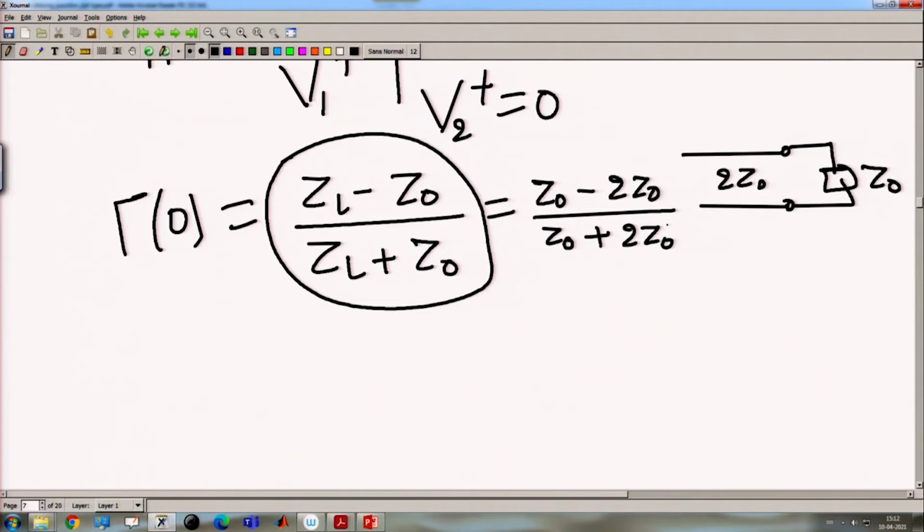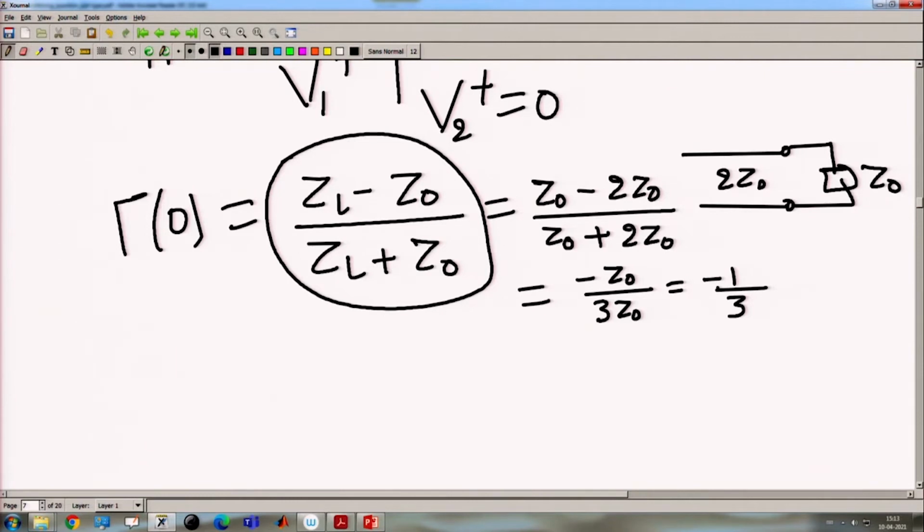Because Z naught in the formula is the characteristic impedance of the line, but here the characteristic impedance is 2 Z naught, that is why Z naught is replaced with 2 Z naught. After solving, this will come minus Z naught divided by 3 Z naught, equal to minus 1 by 3. So gamma 0 will be minus 1 by 3.